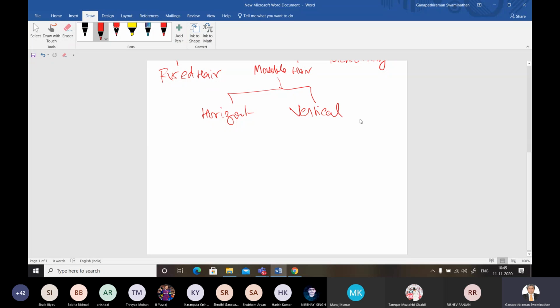But nowadays the tachometer refers to a theodolite fitted with the stadia hair. What is that? So in the field of view, if you look at it, you will find the horizontal hair and the vertical hair or the cross hair. So you will find two more hairs here.